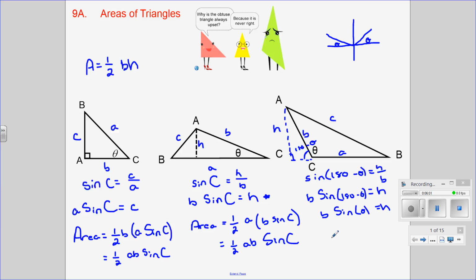So now if I write my area formula, I'm going to wind up with the same exact equation: 1/2, the base in this case is going to be a as well, multiplied by the height, which is b sine of theta. Theta just happens to be on the C corner, so I could also represent that as C. So 1/2 a, little b, and sine of C.